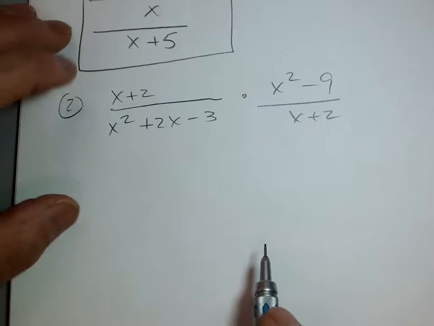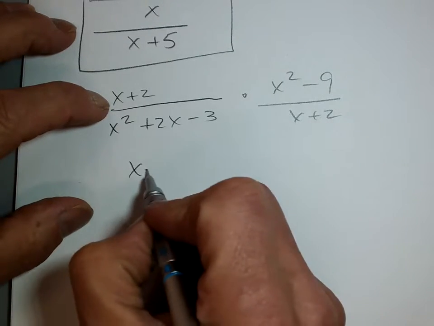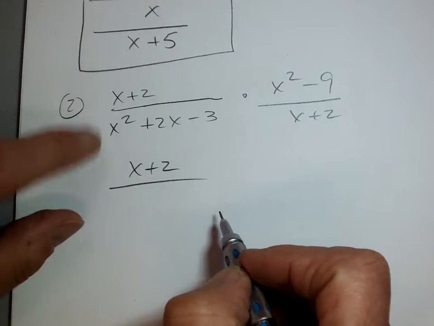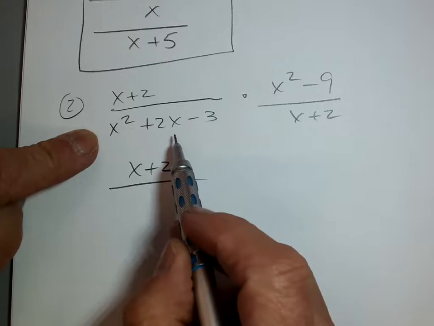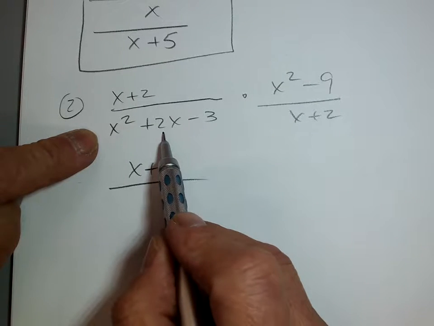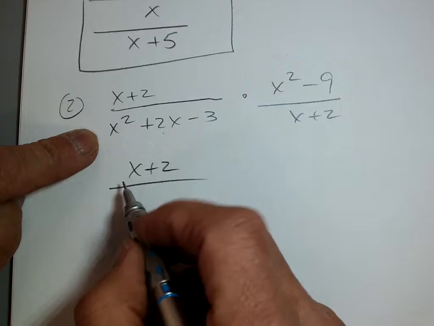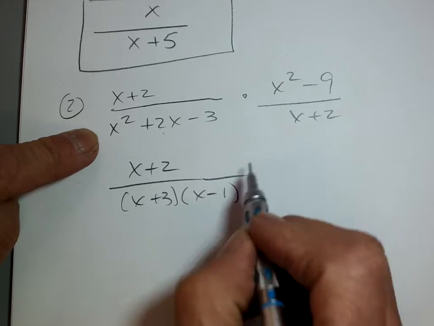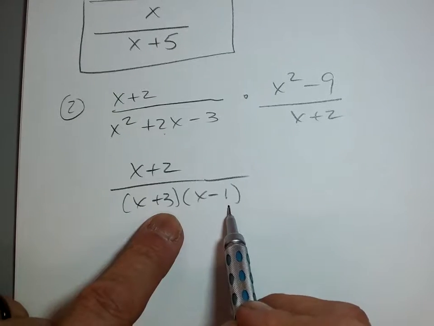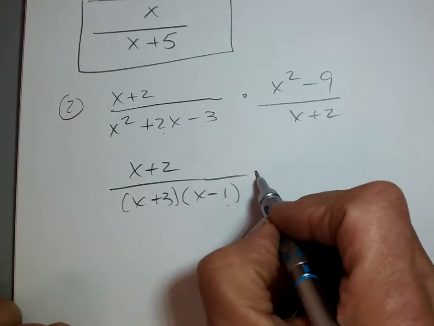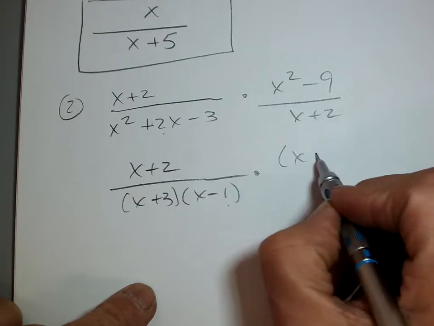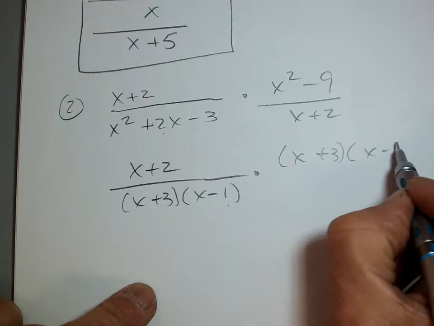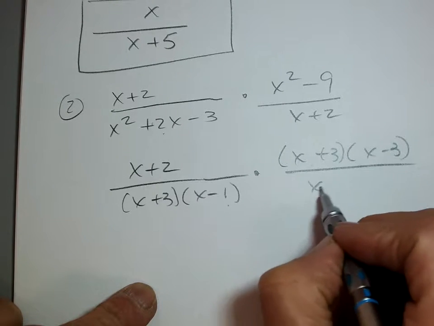So in the numerator, x plus 2 can't factor, but in the denominator, I'm going to factor it into x plus 3, x minus 1, because that will make my negative 3 when I multiply and my positive 2 when I add. Times my numerator, x plus 3, x minus 3 over x plus 2.